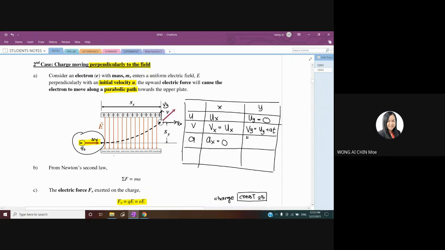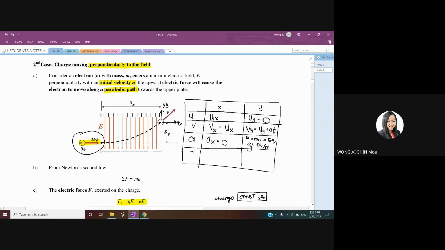So we can write F equals ma and F also equals Eq, so our acceleration we can write as Eq over m. So this is a for the y component. And remember, your ax will always equal 0, similar to our gravitational acceleration in the last chapter, the free fall motion.